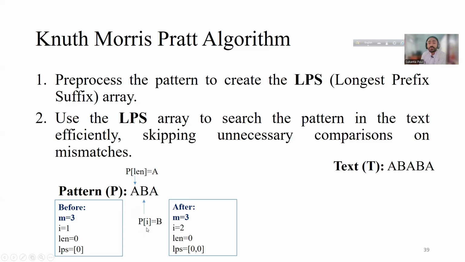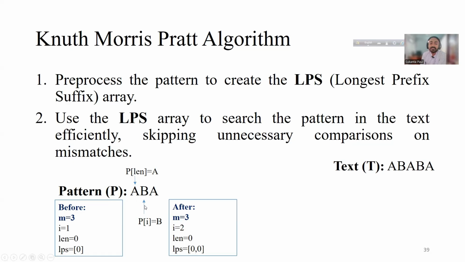Now we will compare P[len] and P[i]. If there is a mismatch, then len will be 0 and the value of the new LPS will be 0, but i will be incremented by 1, which is 2.